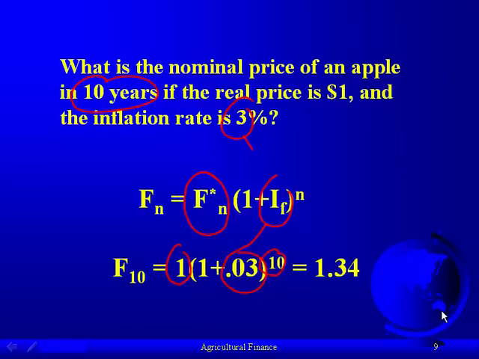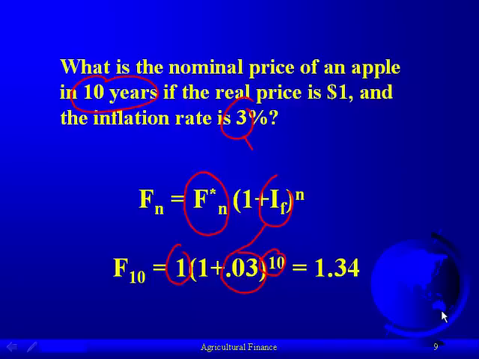You can use your financial keys if you wanted: put 10 N, 3% I, put a 1 in your future value, zero out your payment, and compute your future value, and it comes out to $1.34.